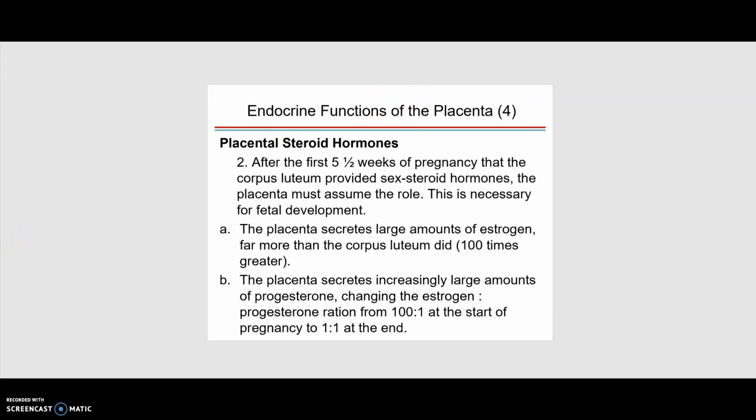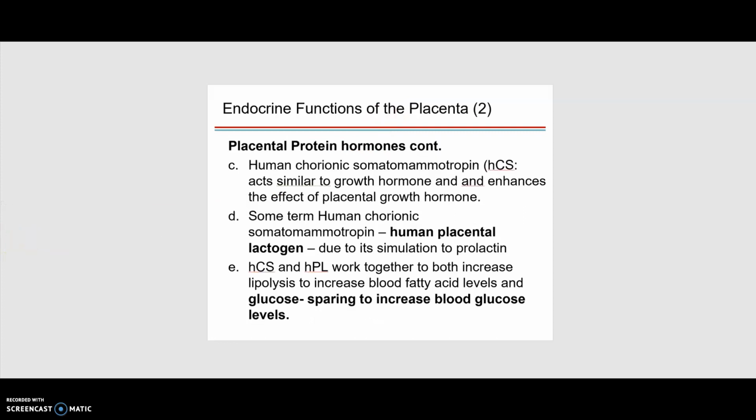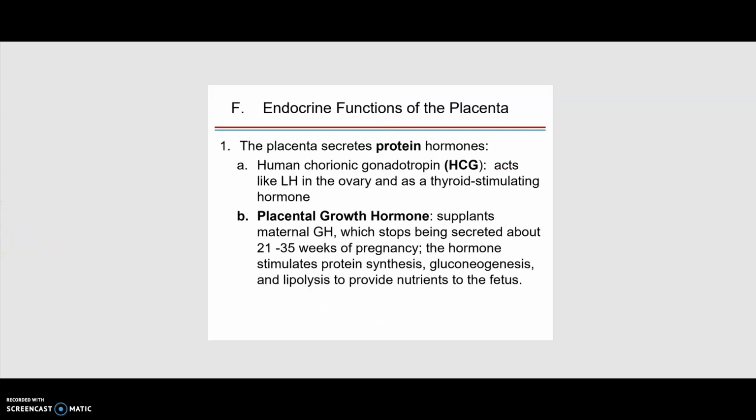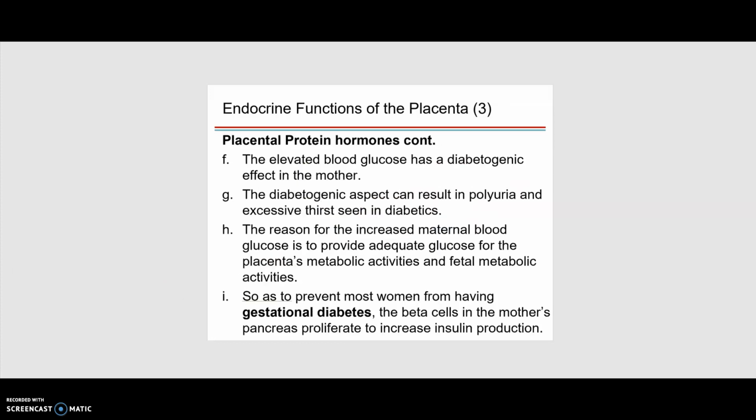Placental steroid hormones. See, these were protein hormones that we spoke of earlier. Let's go back. These were protein hormones. Human chorionic gonadotrophin, which stimulates LH in the ovary, and thus placental growth hormone. All of these are protein hormones.